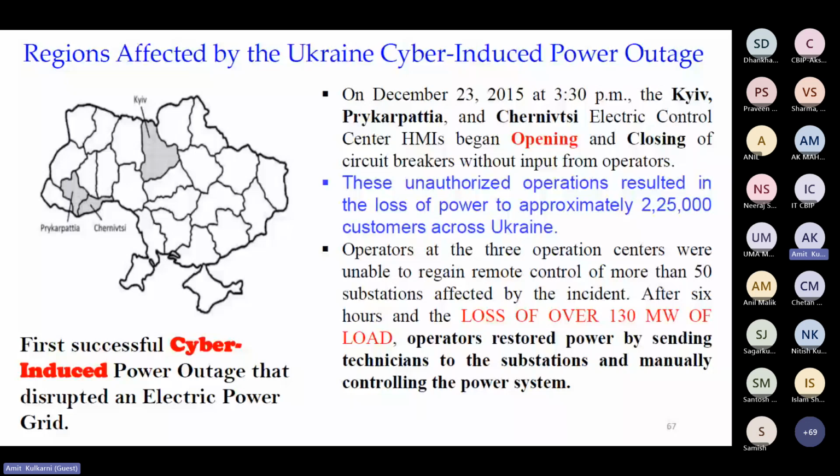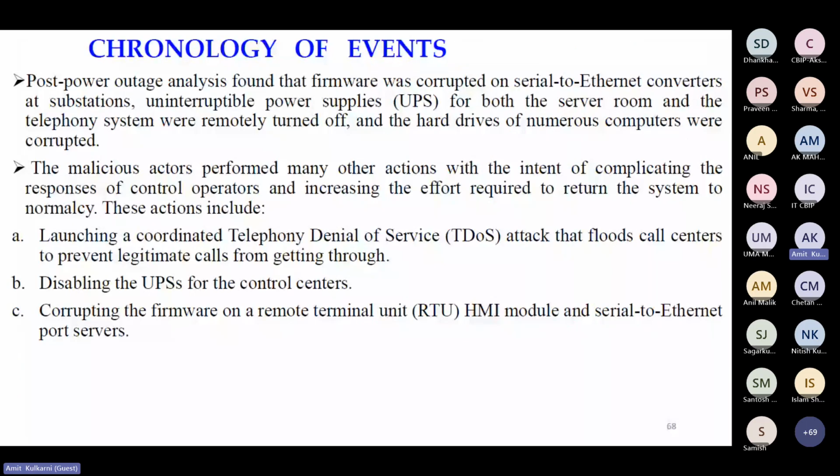He had to send technicians to the site to handle and manually control the power system. So all the automatic controls were off and manual mode of operation was adopted.